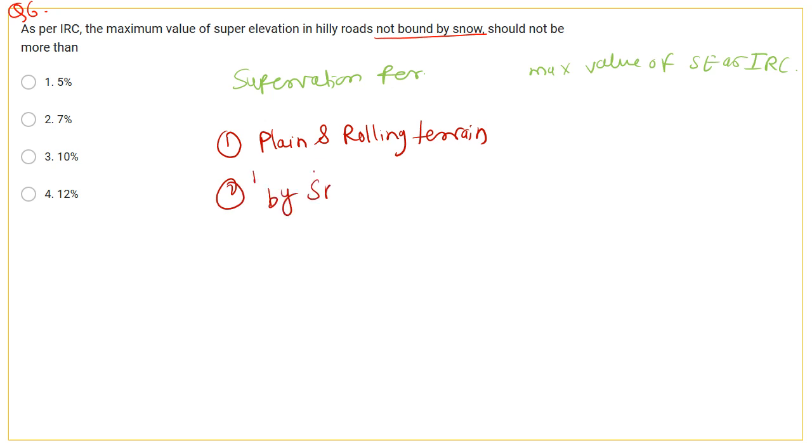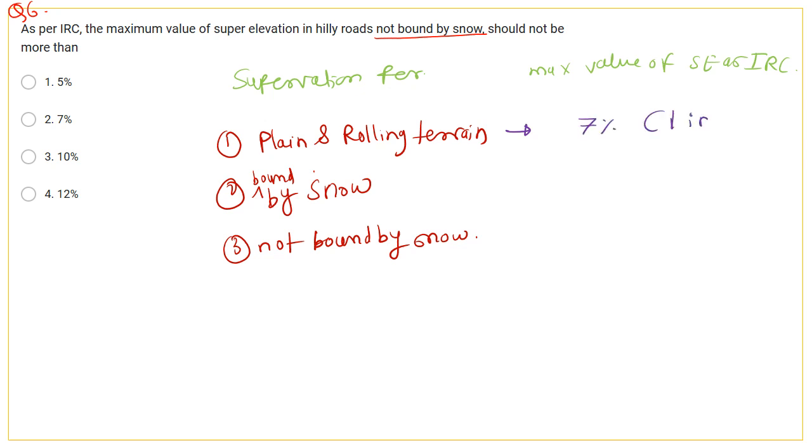And the third one is not bound by snow. These are the three conditions here. The value for the first condition, plain and rolling terrain, is 7%, meaning 1 in 15.